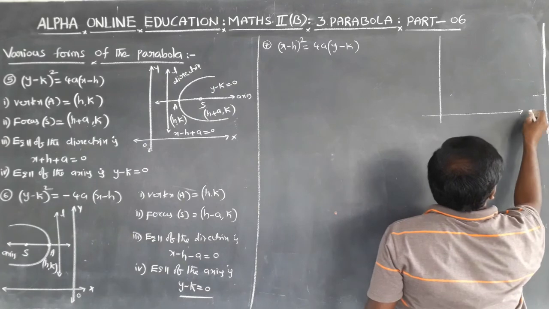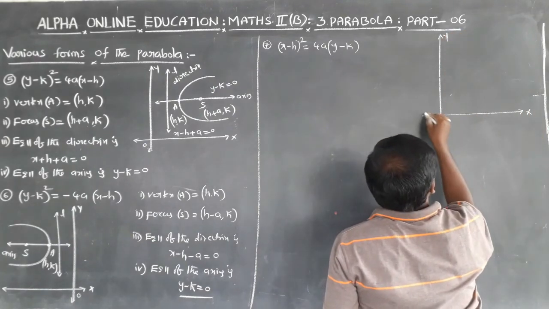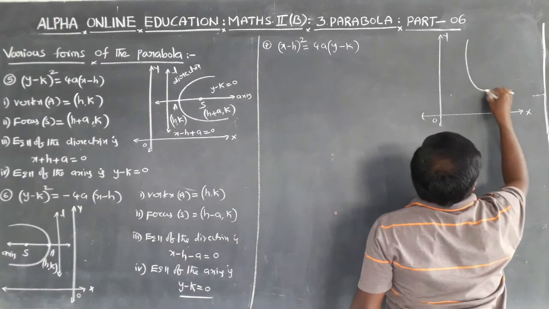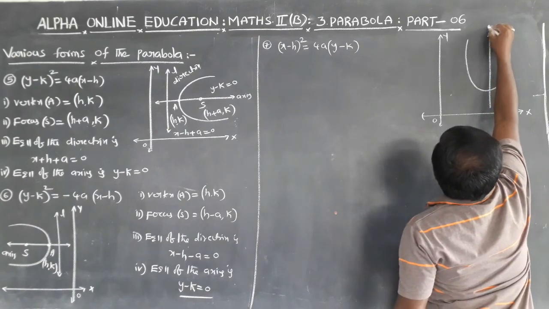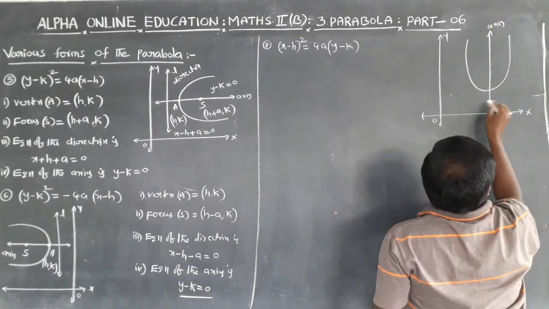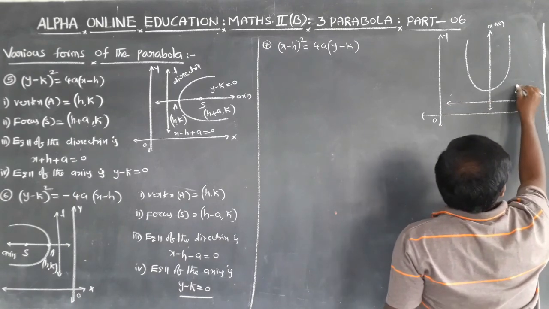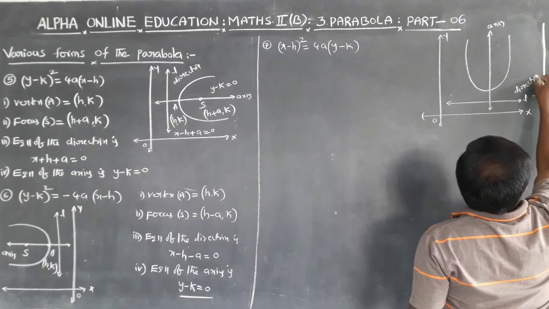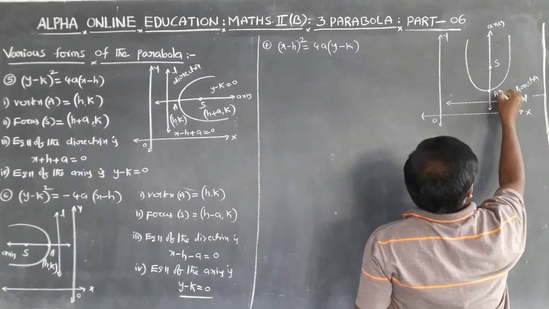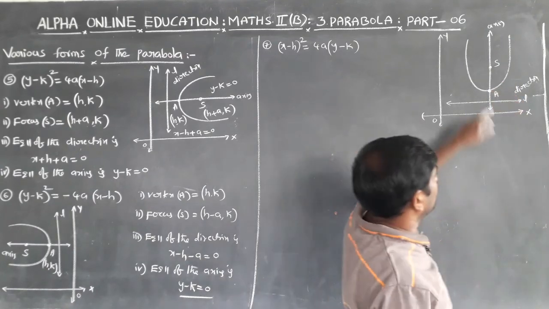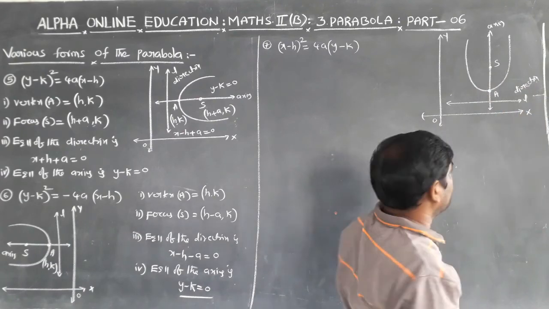This is the x axis, this is the y axis, this is the parabola, this is the axis, this is the directrix L. This is the focus S, this is the vertex A.